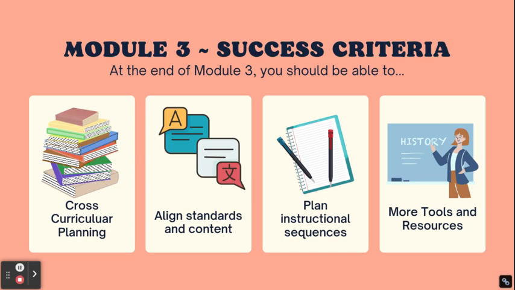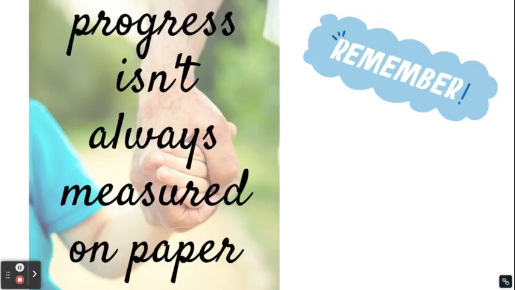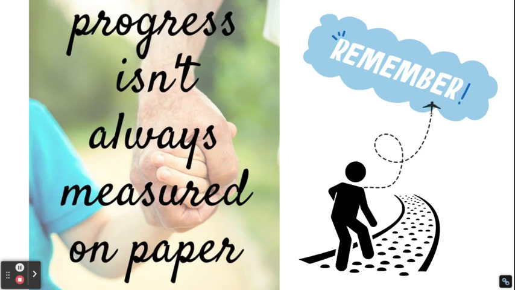Also, your students. Your students are a great resource, especially if they have lots of experiences in different areas because they've had other opportunities your other students haven't had. So don't forget those. Remember, progress is not always measured on paper. When you're thinking about assessing, what are other ways that you can assess besides a paper and pencil? Okay, what are some things the students can perform to assess?